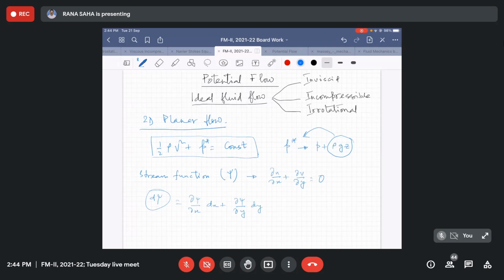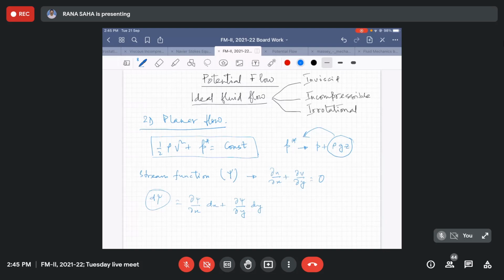Okay, and by the definition of the velocity components u and v, we can write this as v dx minus u dy, because u is defined as minus del psi del y and v is defined as del psi del x.